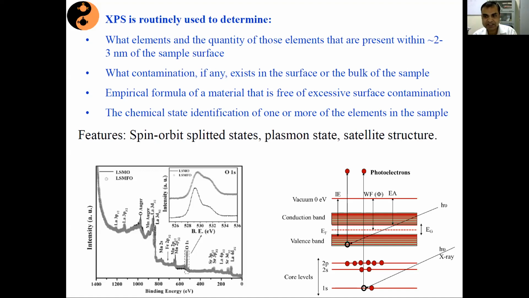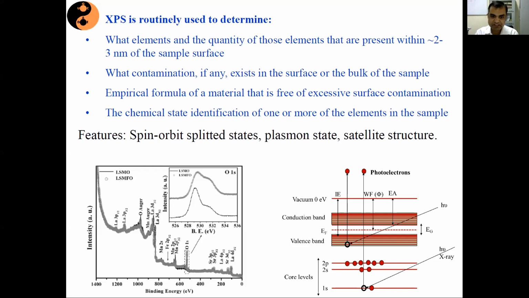So these things really allow us to probe many other aspects of the given material. It allows us to probe the kinds of elements present in the system. If there is some contamination which we may not know about, just by looking at the survey scan we can identify whether some foreign element has come into my system or not.